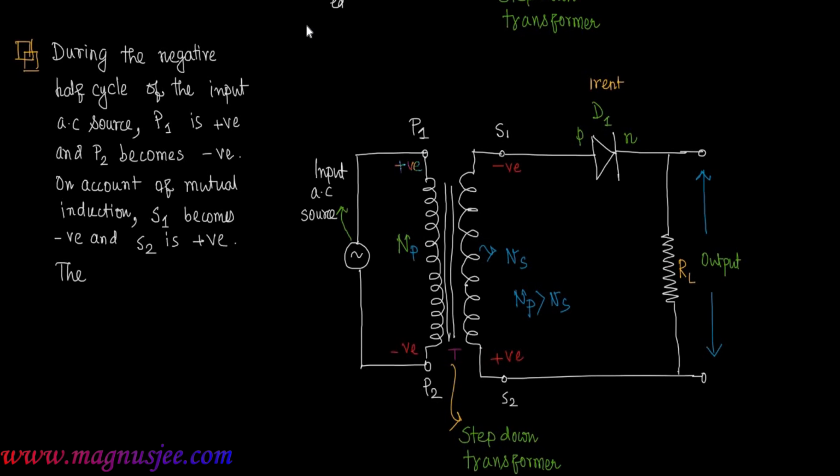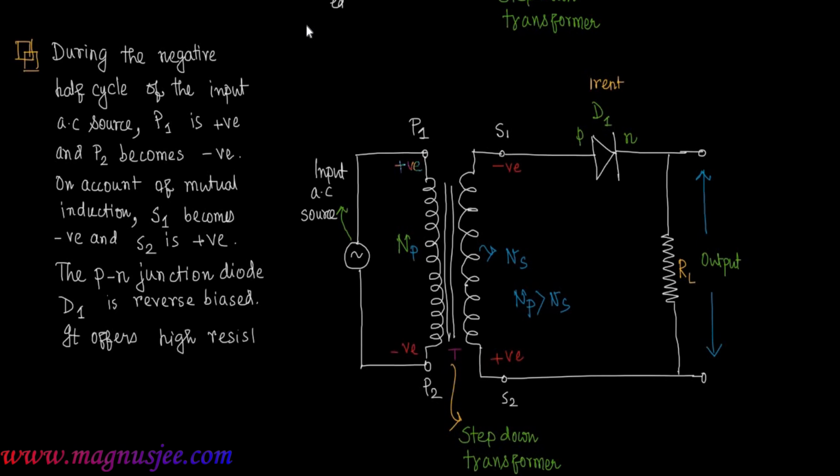The PN junction diode D1 is reverse biased, and this diode offers high resistance.